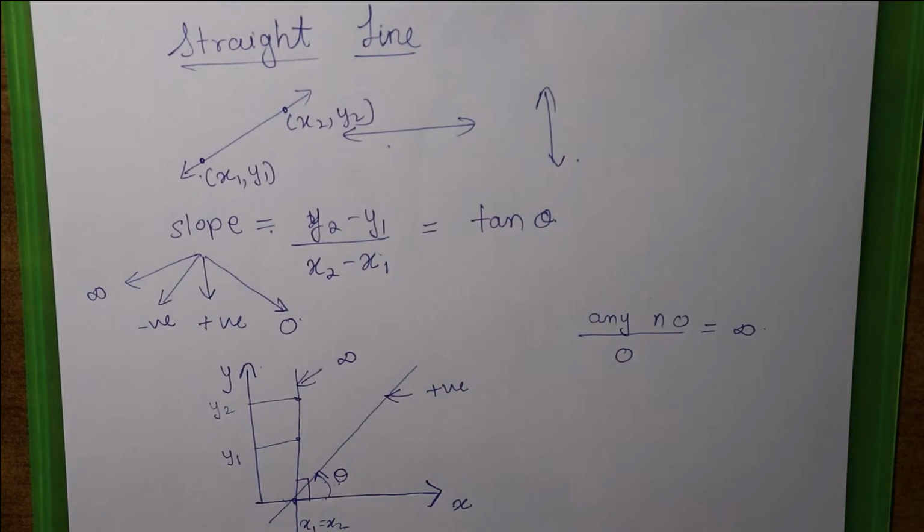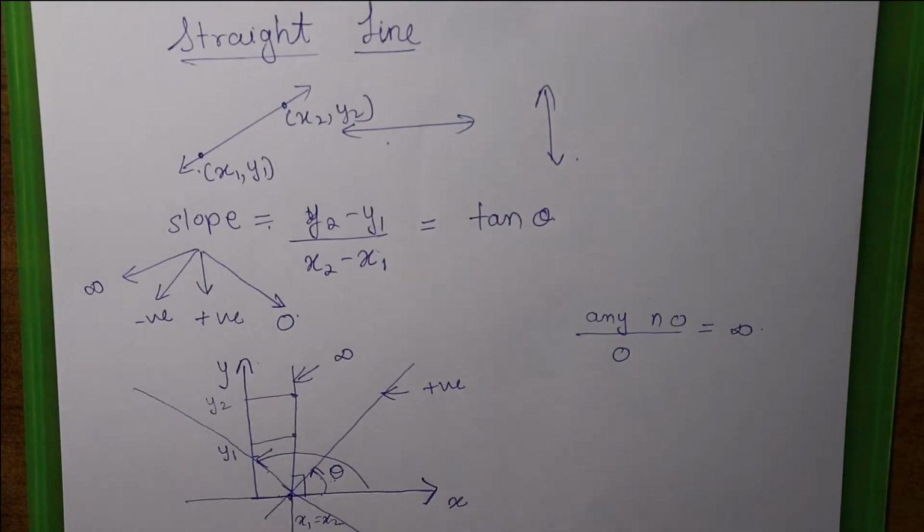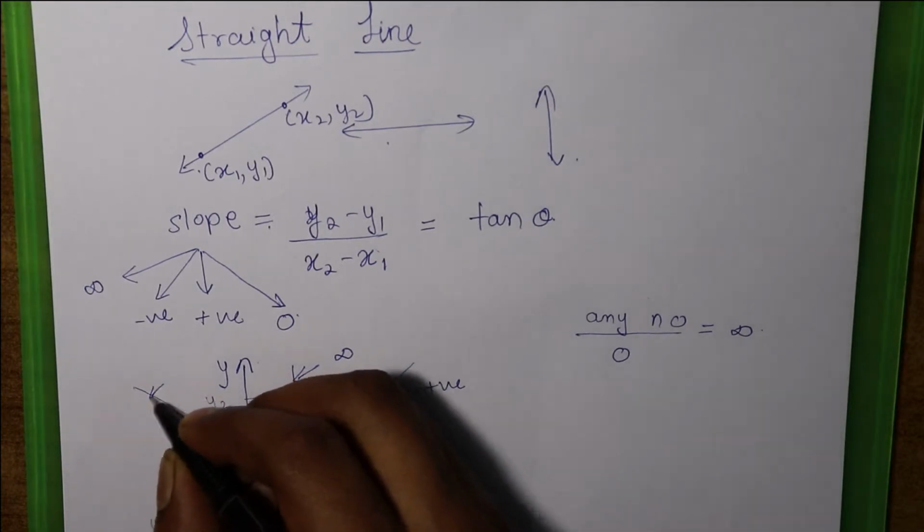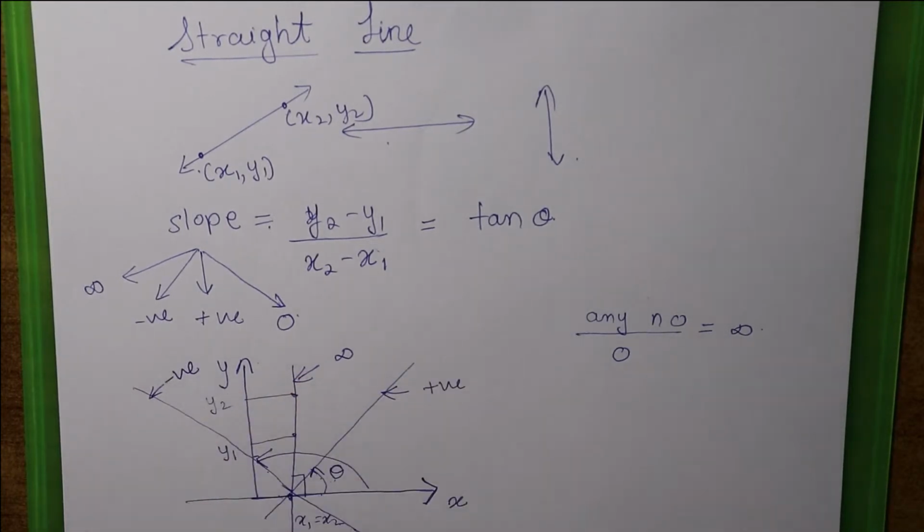Further moving on, now if I increase the angle greater than 90 degree, so my angle is still here. For this particular line whose angle with respect to horizontal is greater than 90 degree, it has a negative slope.